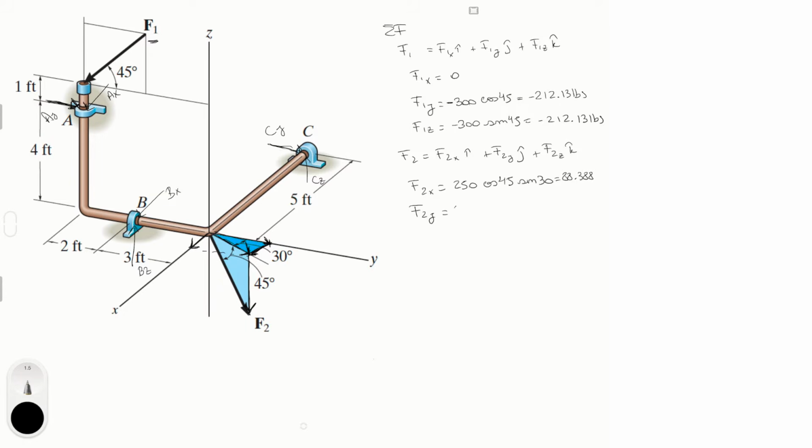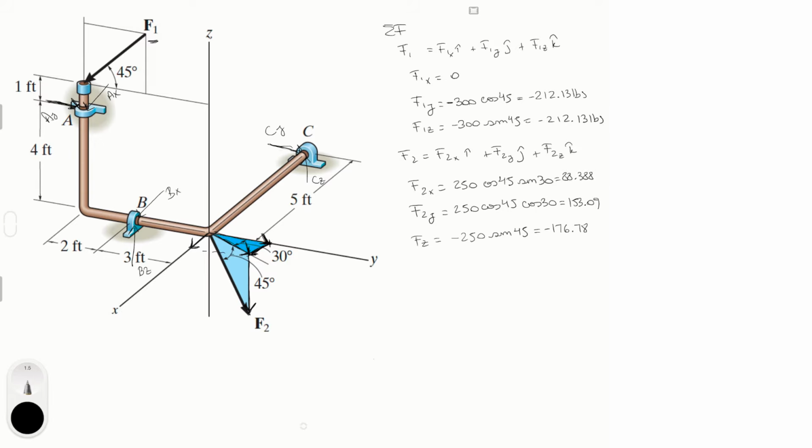For the Y is 250 cosine of 45 cosine of 30, because that pretty much gives you the Y component, and that is equal to 153.09. And the Z is easier, it is minus 250, minus because it's going down towards the negative Z-axis, sine of 45, and that is equal to minus 176.78.